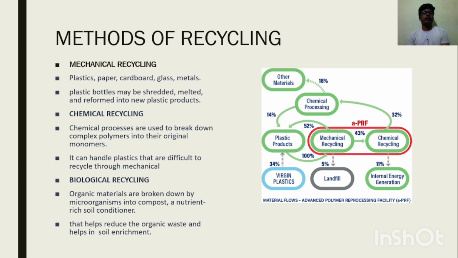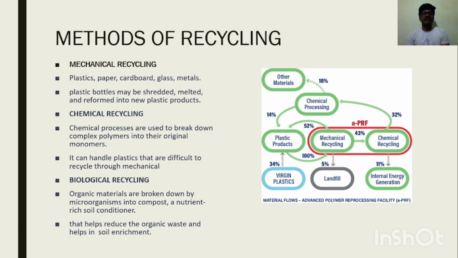Next, we have chemical recycling. The products used in chemical recycling are plastics. Chemical processes are used to break down complex polymers into their original monomers. It can handle plastics that are difficult to recycle mechanically.